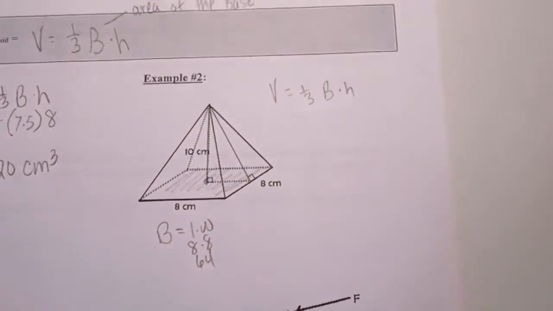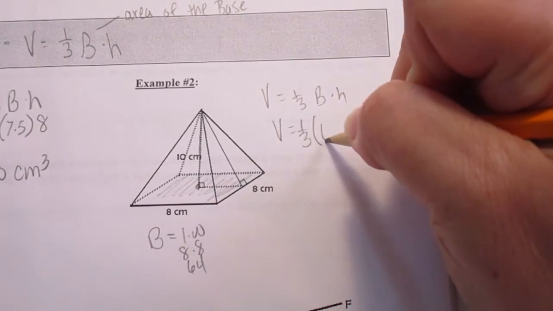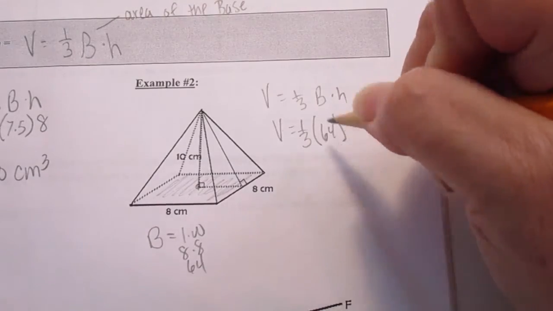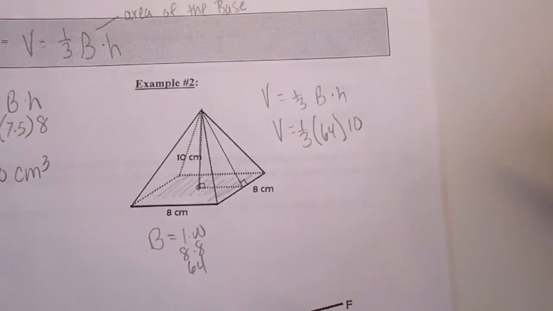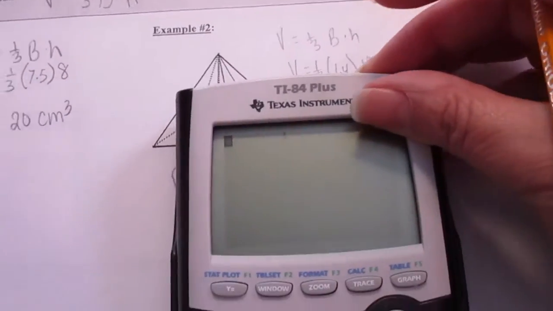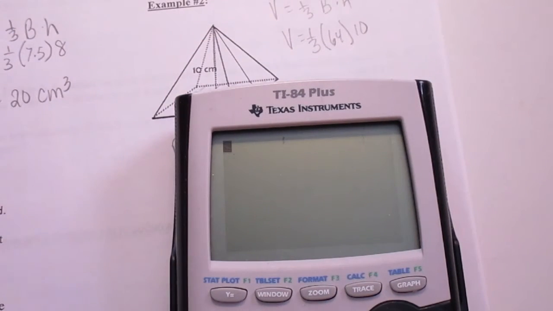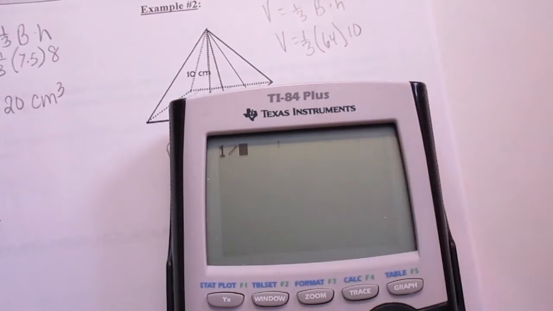So we're going to put this up here in the formula, and we're going to do volume is equal to 1/3, 64 is the area of the base, and then we're going to multiply by height. So we're going to take out our calculator. Now you can do this on your phone calculator as well. So back to the problem where we were. We're going to do 1/3, and that is 1 divided by 3.